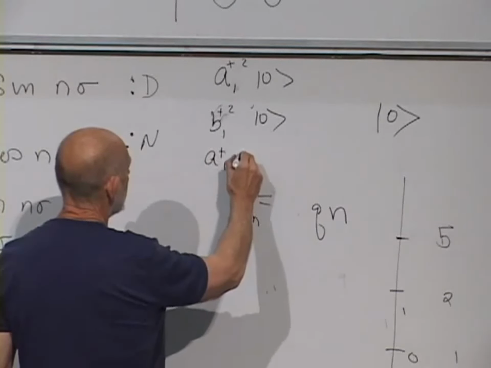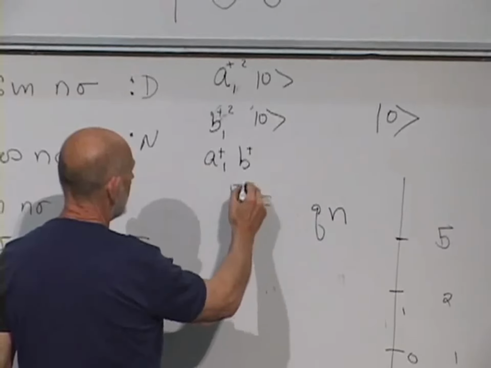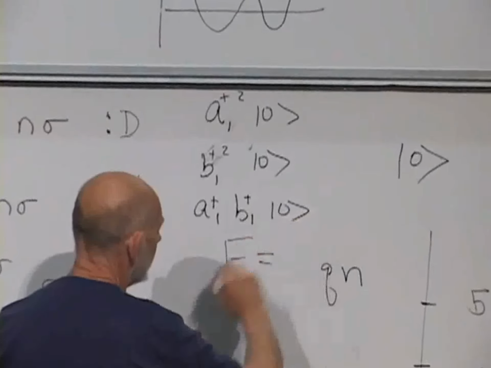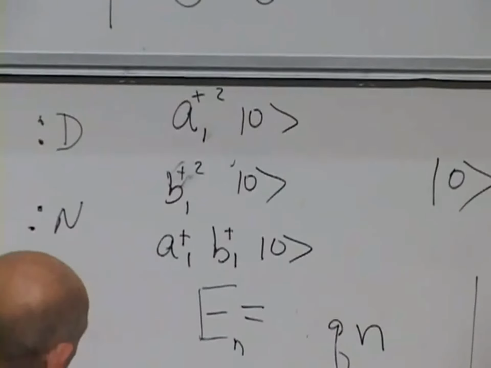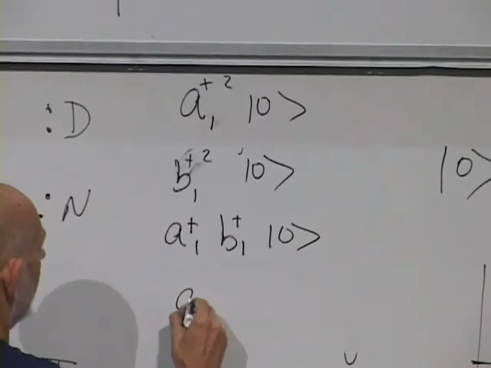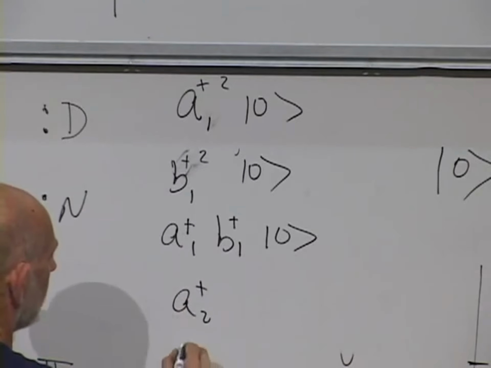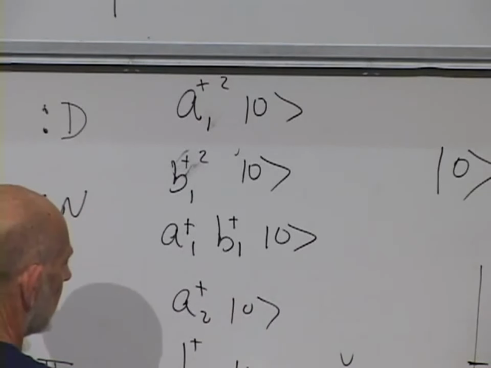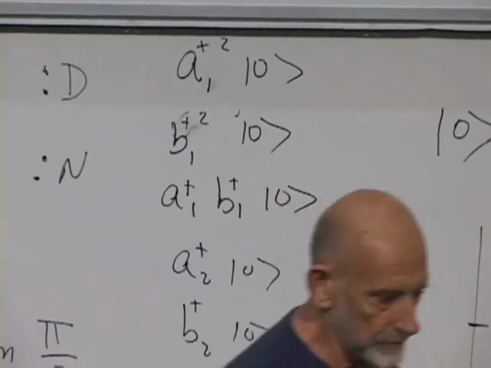A1 plus, B1 plus on O, that's 3. And next, A2 plus or B2 plus. Oh no, 5 states, right? 5 states. Right.